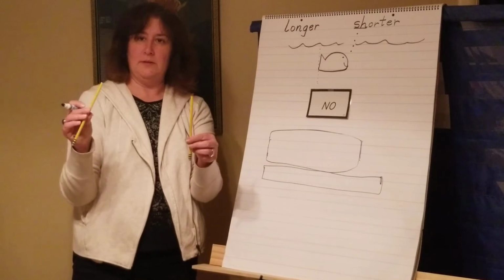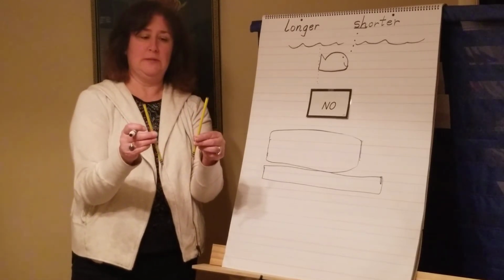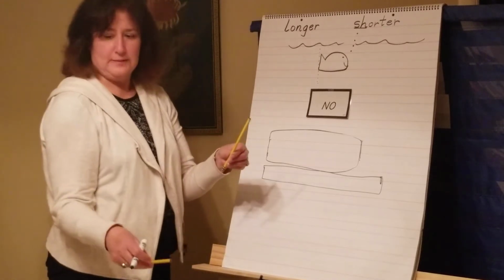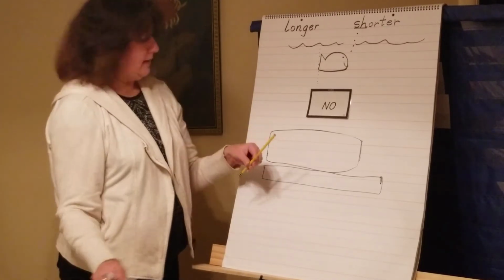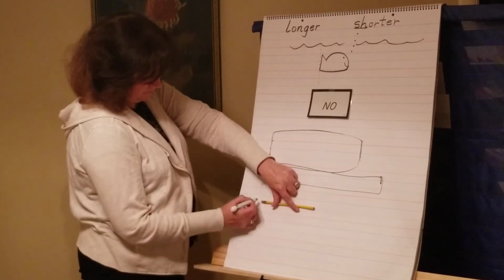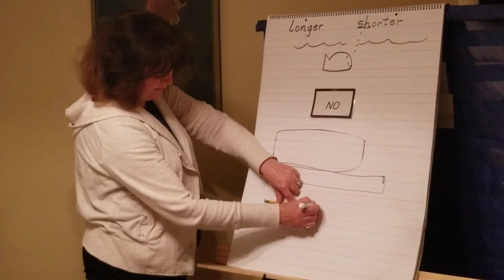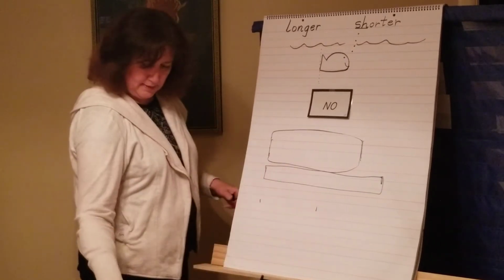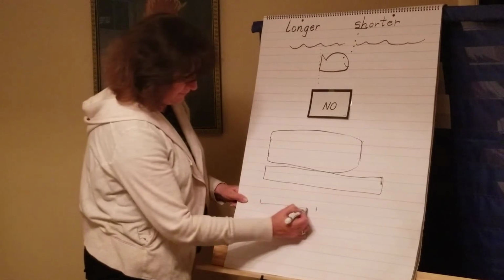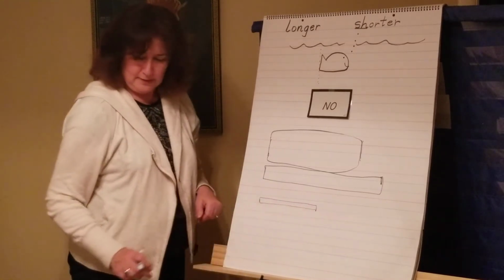Now how about these 2 pencils? What do you think? Longer, shorter, or equal? Let's mark one right here. There's the eraser. There's the end. That's my pencil. A little tricky doing this on my chart stand, but we'll make it work.